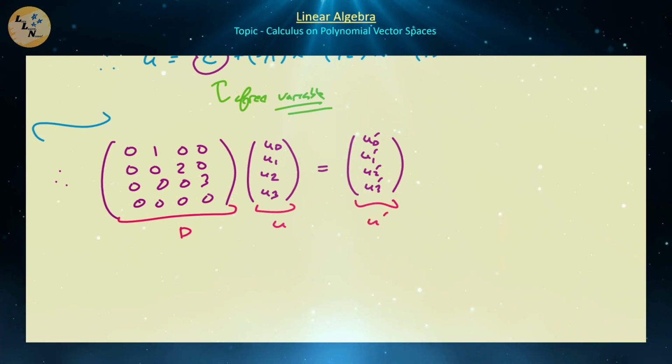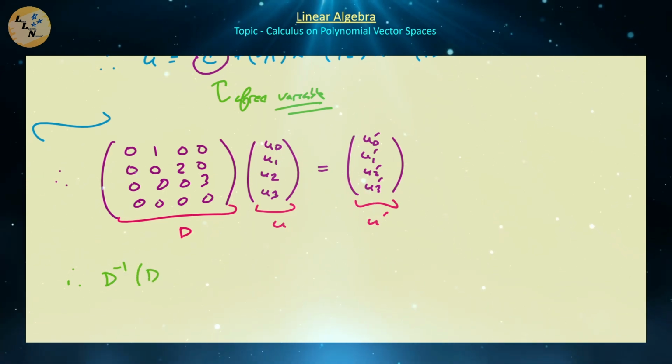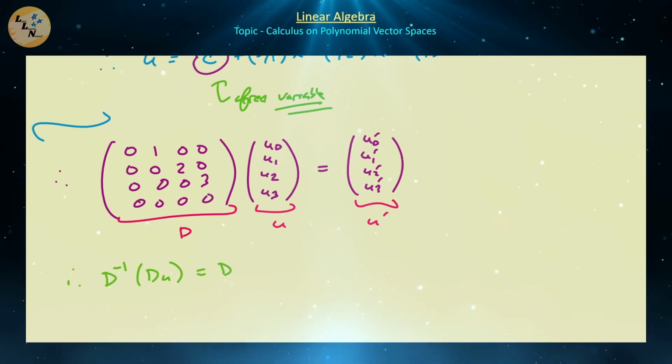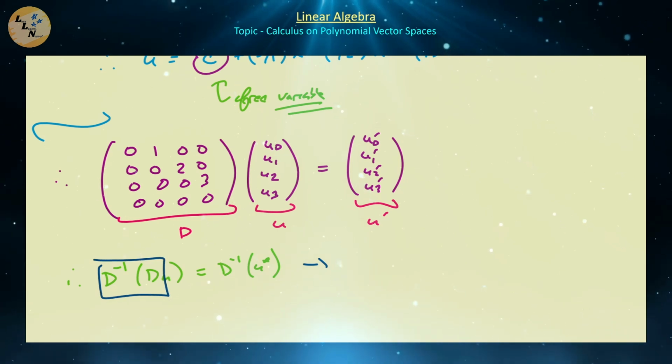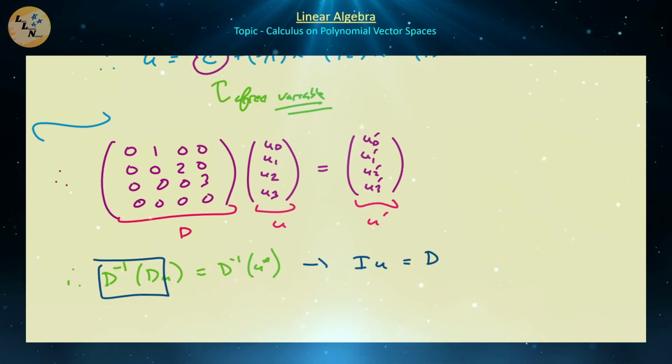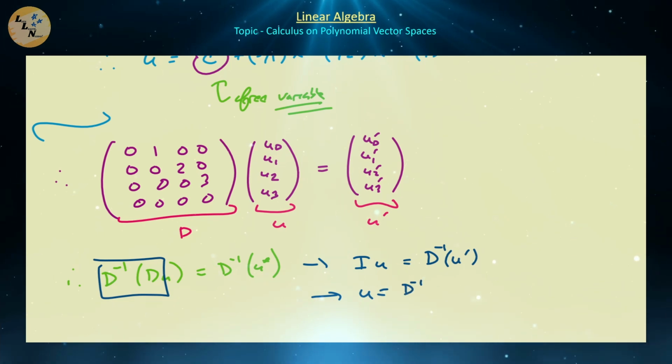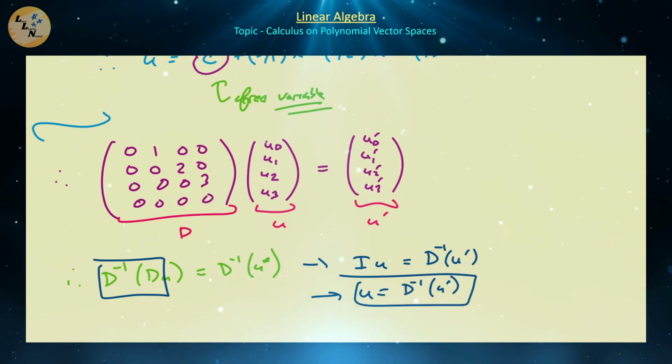So if D is indeed an isomorphism, which we know it's not, then that means there exists some operator, D inverse, let's say, times Du, which would give us D inverse times u prime. If that was the case, then we would have, for example, the identity matrix there. So Iu would be equal to the inverse of that derivative matrix times u prime, and that means the solution to our problem will be equal to D inverse times u prime.